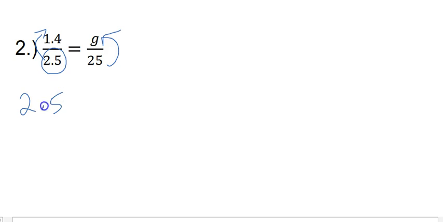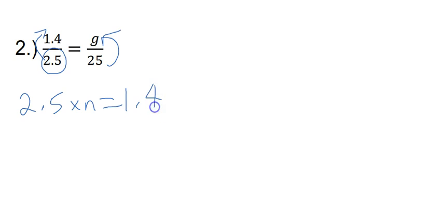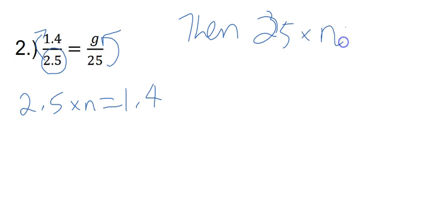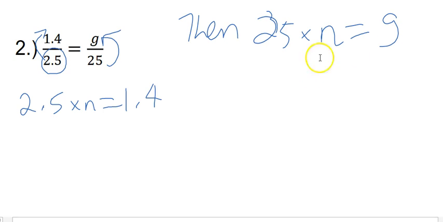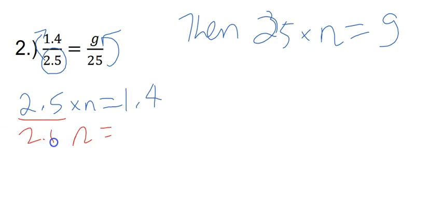So we're going to ask: if 2.5 times a number equals 1.4, then 25 times that number is going to equal g. So solve the equation here to find what n is. We divide both sides by 2.5.